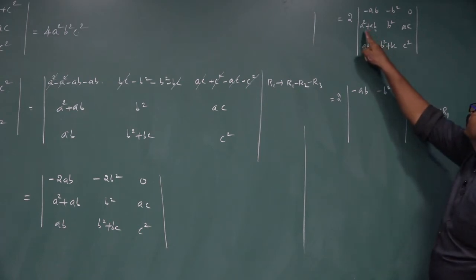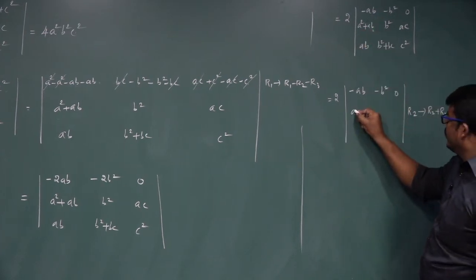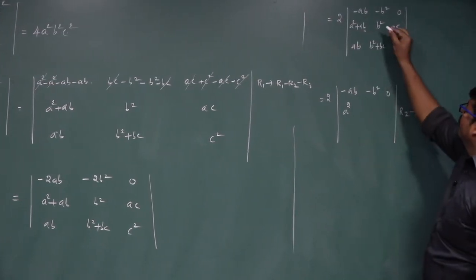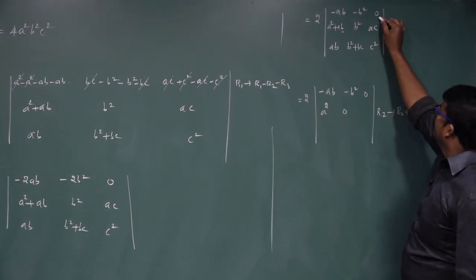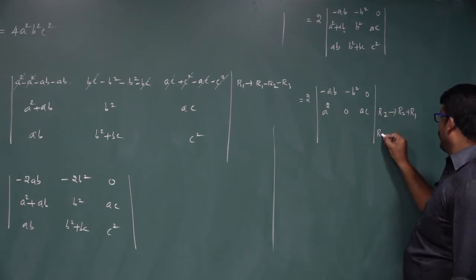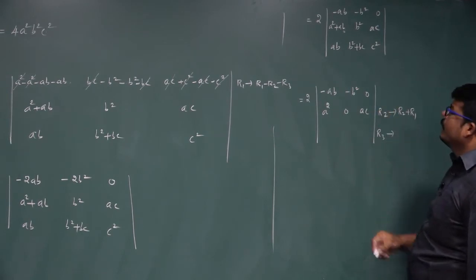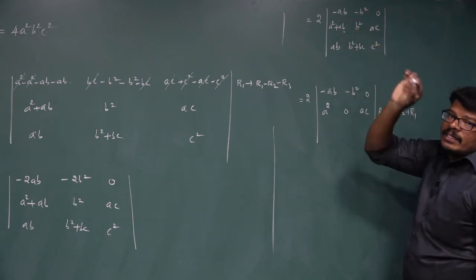Adding the 2 rows, A square plus AB minus AB cancel, that is A square. Next one, B square minus B square cancel, this value is 0. Next, AC plus 0 is AC. And third row, now we can write R3, AB plus AB minus AB value is 0.